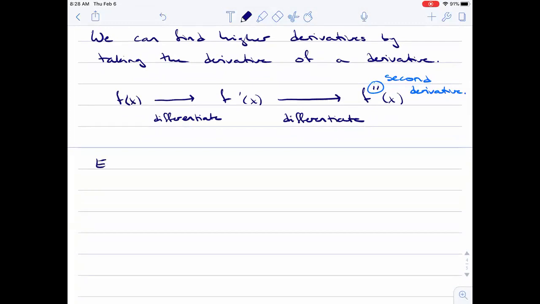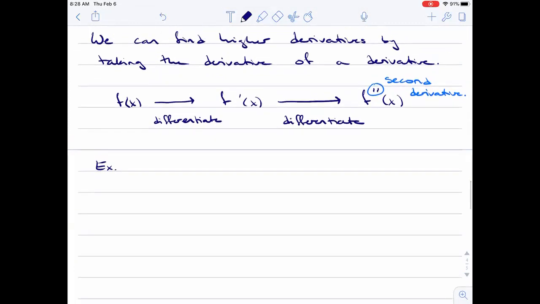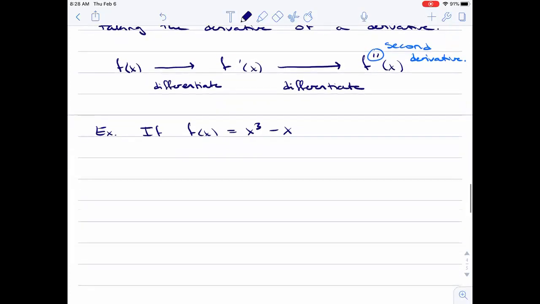Let's do a little example of finding the second derivative. We could keep going, but like I said, we can find the third derivative, fourth derivative, fifth derivative, and so on. So if f of x is equal to x cubed minus x, find and interpret f double prime of x.